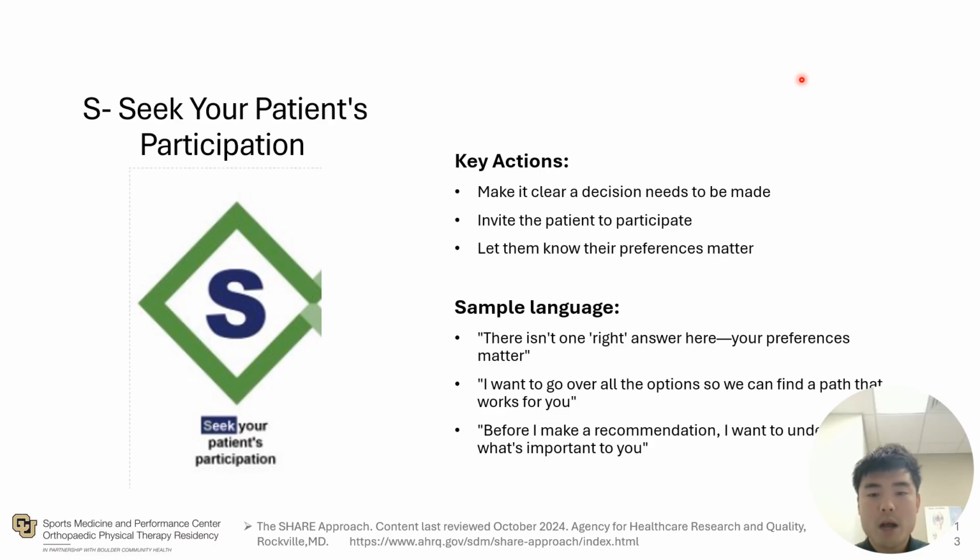Or before I make a recommendation, I want to understand what is important to you. By asking these questions, we can get a better idea of their values. The simple invitation sets the stage for collaboration. It signals that we care about their perspective. It's about shifting from here's what you should do, to let's figure out what makes the most sense.